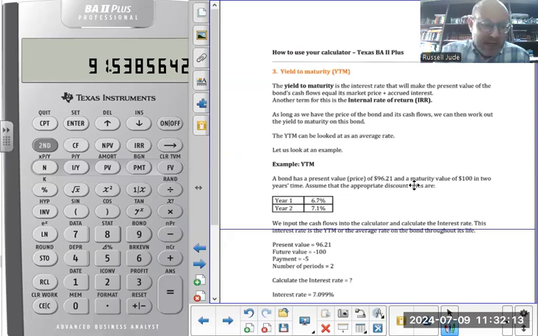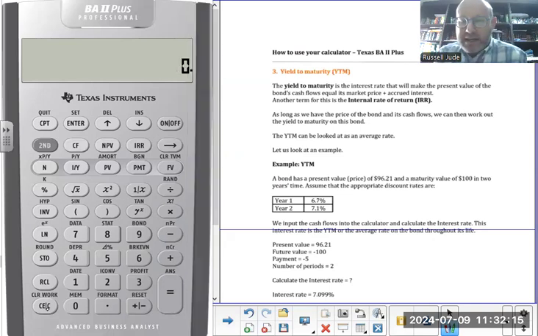Last little thing I want to show you here, guys, is yield to maturity. Interestingly enough, the yield to maturity is also called the par yield, and is also called the internal rate of return, the IRR. What is this yield to maturity?